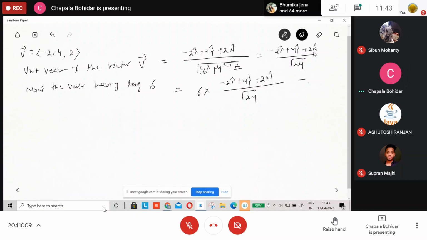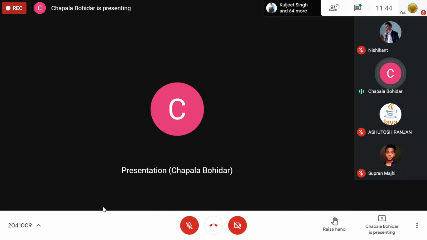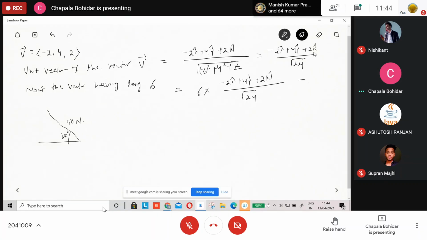Write down. If a child pulls a sled through the snow on a level path with a force of 50 Newton, exerted at an angle of 38 degrees above the horizontal.